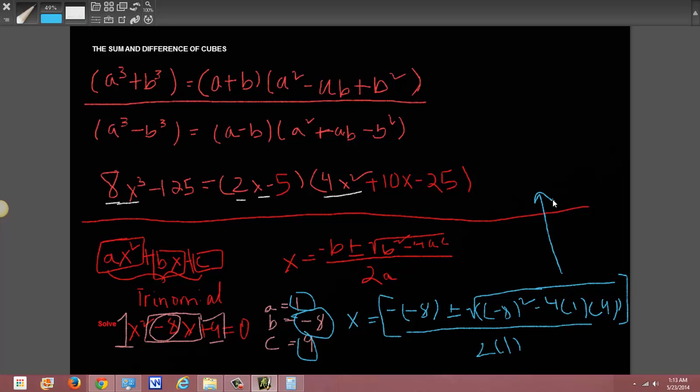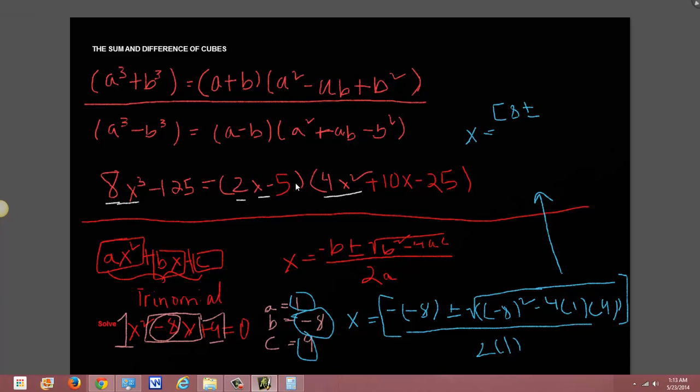I'm gonna solve it here because there's not enough space. Equals 8 plus or minus the square root of, let's just solve that first.